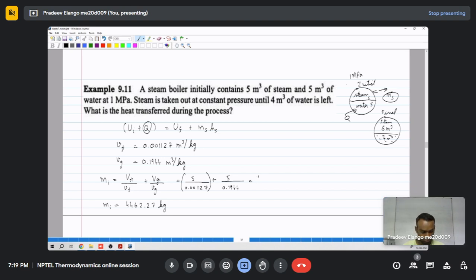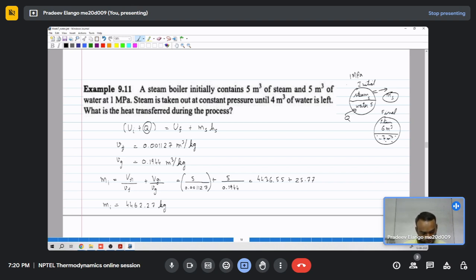So 4436.55 plus 25.77. So the initial mass is calculated.